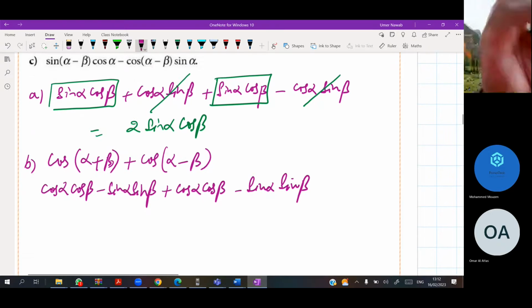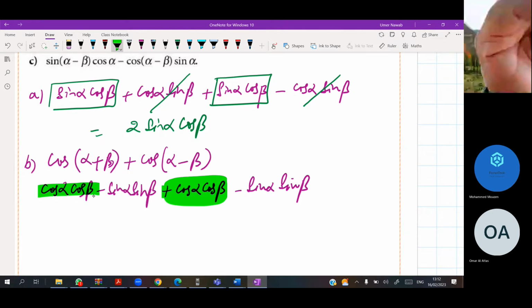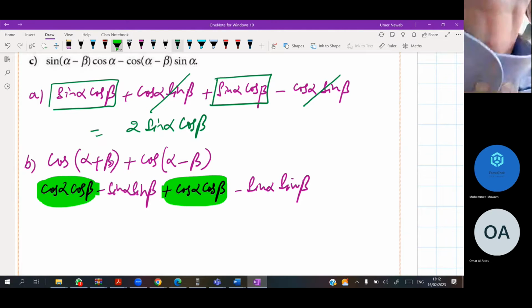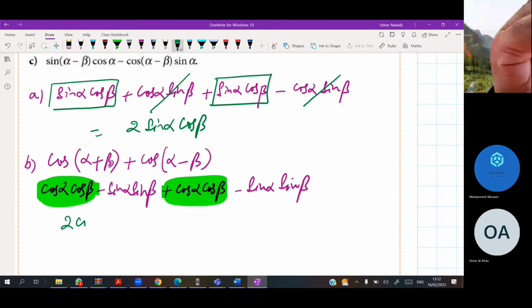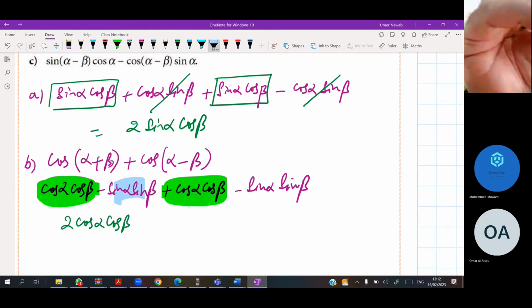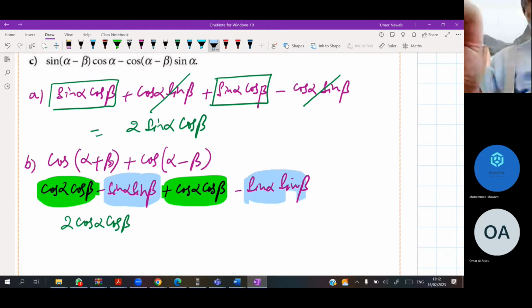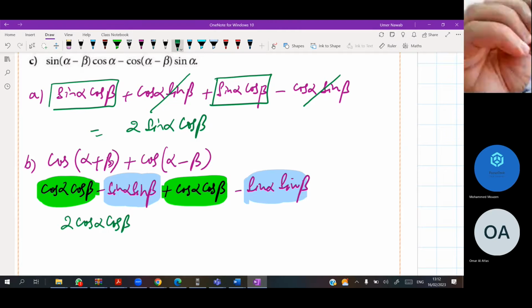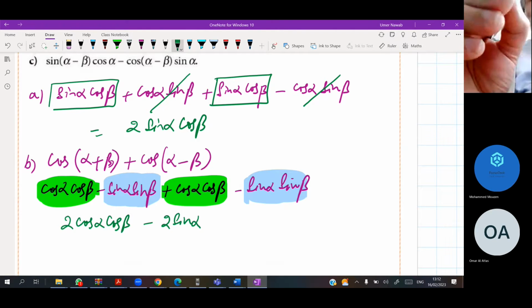Now you have this result common, same. I'm going to write here 2 sine alpha sine beta and then this result, which equals minus 2 sine alpha sine beta.